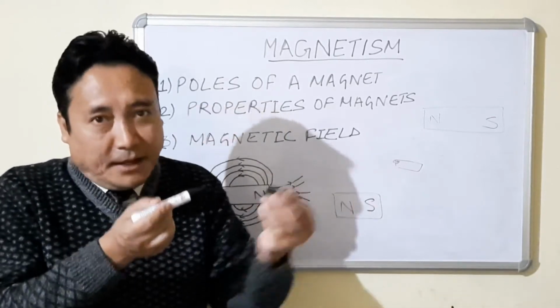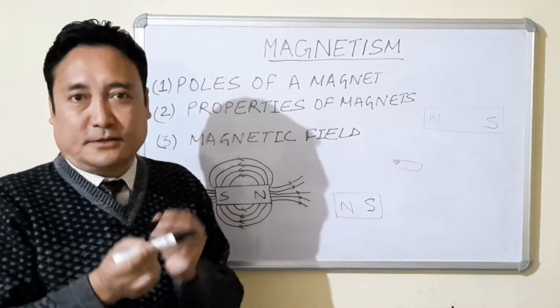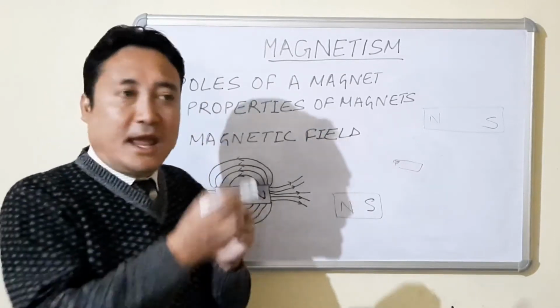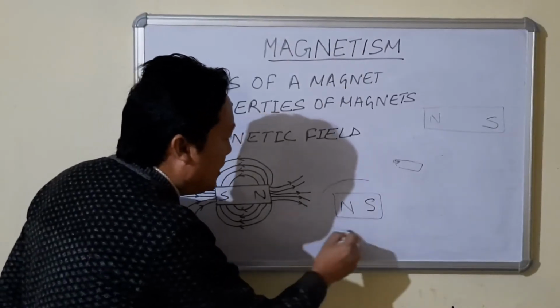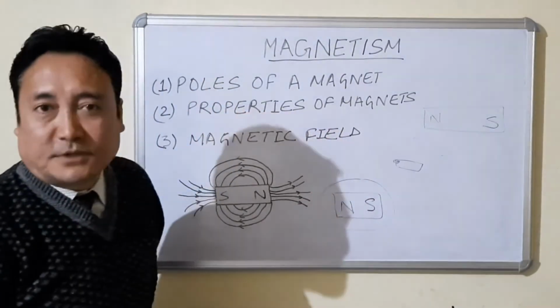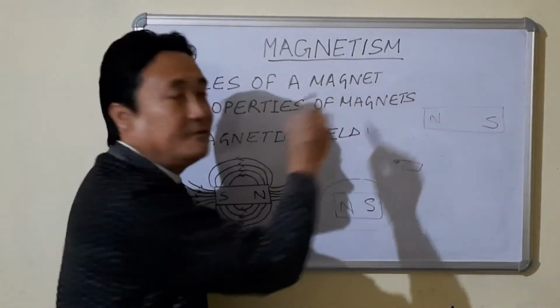This force makes magnetic substances attract towards the magnet. Therefore the space around the magnet where the magnetic force is produced is known as the magnetic field.